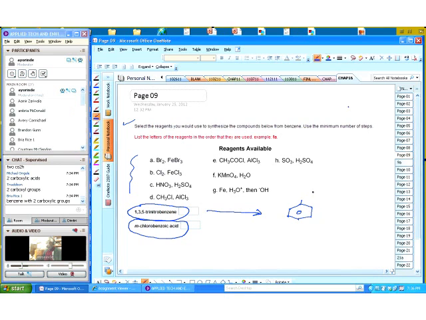1,3,5-trinitro, so nitro here, 3 nitro here, 4,5 nitro here. So that's 1,3,5-trinitro.